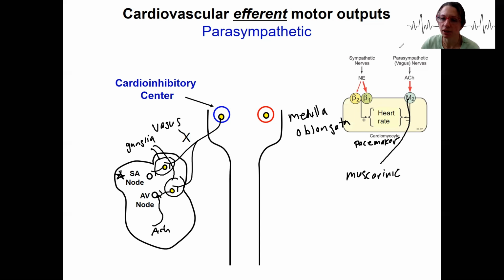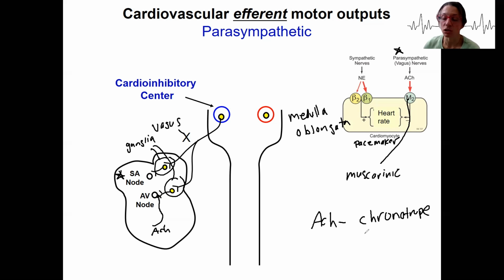So the action of ACh on muscarinic receptors somehow slows the heart rate. And this is stimulated by this cardioinhibitory center in the medulla. Anything that does this, like ACh, is going to be called a chronotrope.